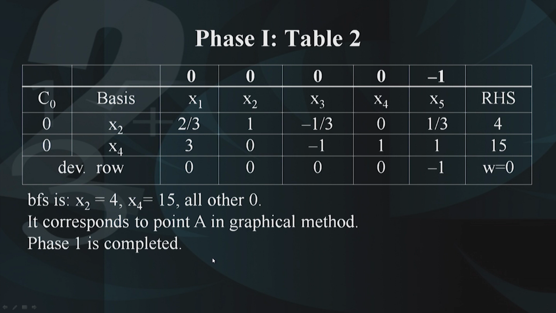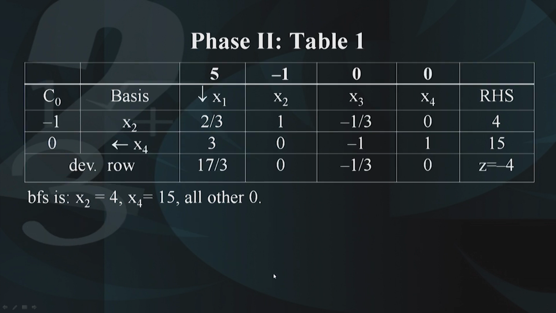So, x5 is actually 0. Therefore, we can drop this x5 variable and move to phase 2. So, phase 2 has the same BFS as the end of phase 1, and this is the basic feasible solution: x2 is equal to 4 and x4 is equal to 15 and all others 0.